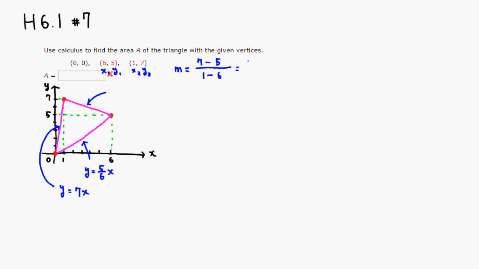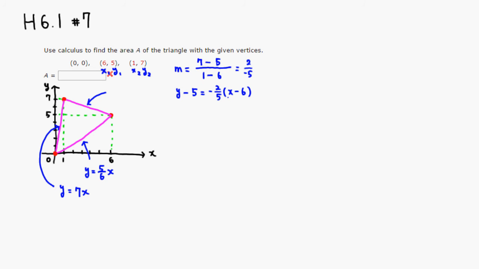It's 2 over negative 5. So that's the slope. And so we can use (6, 5): y minus y1, which is 5, is equal to the slope, negative 2/5, times x minus x1, which is 6.